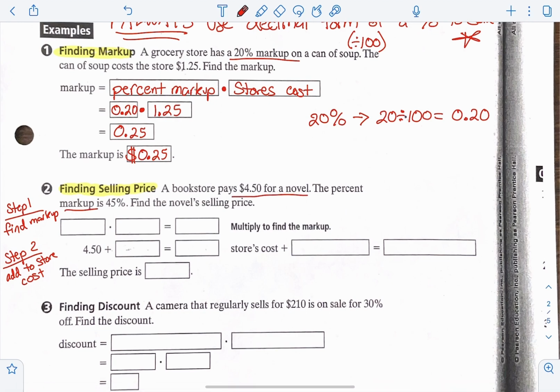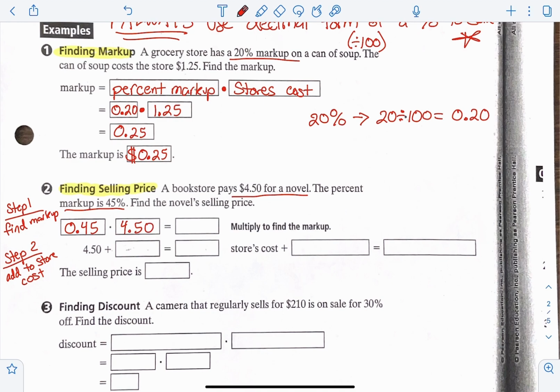The percent markup is 45%, so they mark it up 45%. I can't put 45 into my problem. I need to do what first? I need to divide it by 100. So 45 divided by 100 is going to give me 0.45. This is my percent markup, times the store's cost, which was $4.50.